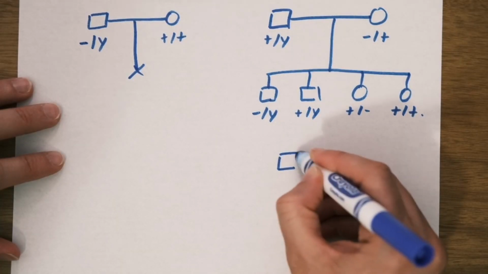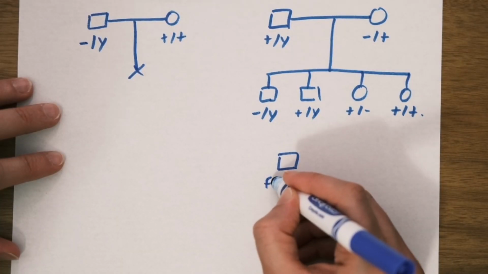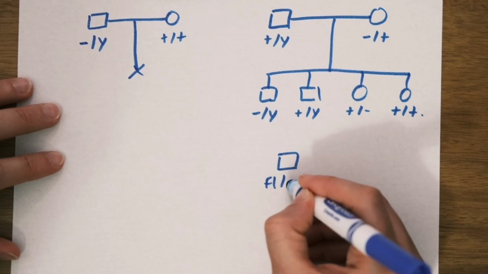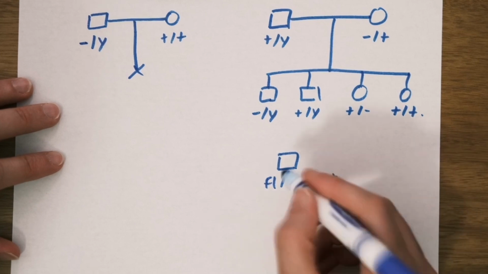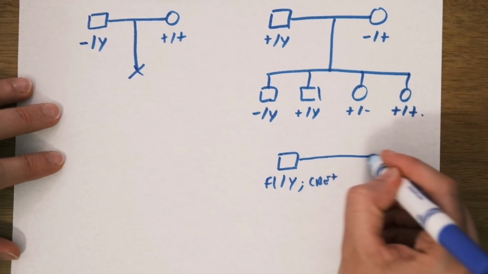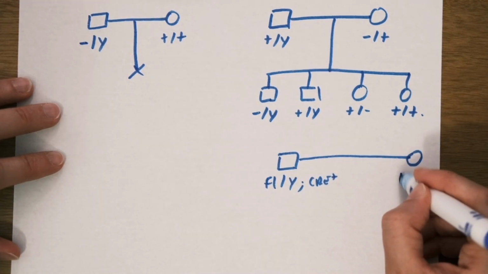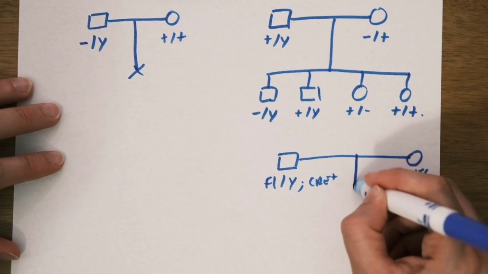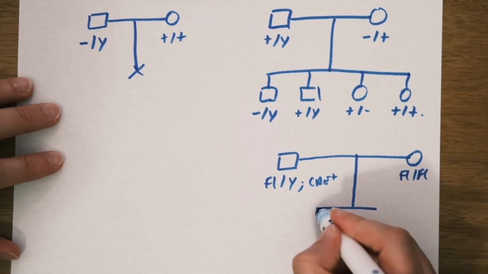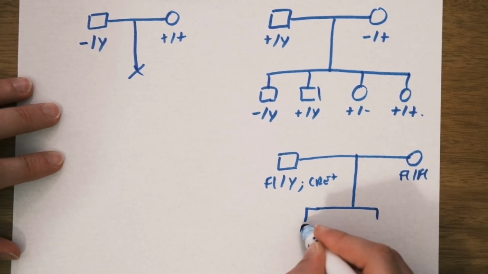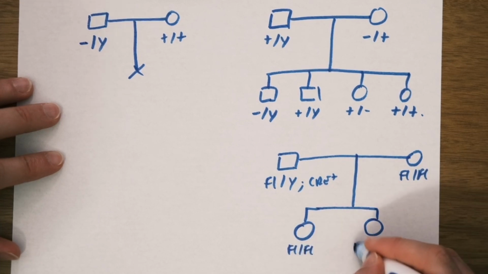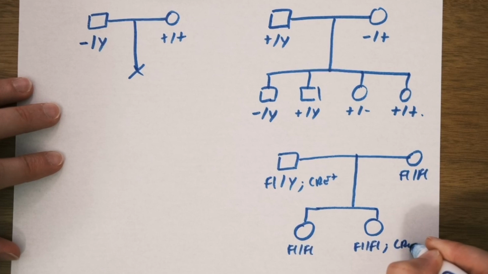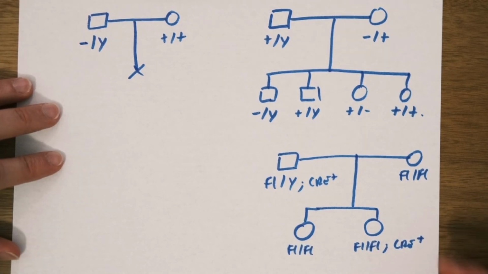We can come up with a strategy like this, where we have the Flox allele here in the X chromosome, the Y, and then a Cre that is specifically expressed in the female germline, and we can cross this to a Flox female, and we may end up with a control experiment where we have the female Flox as a control and the female Flox Cre as the experimental. So that's the strategy.